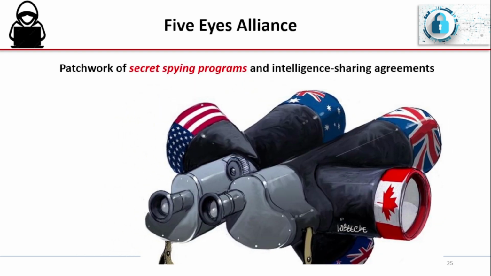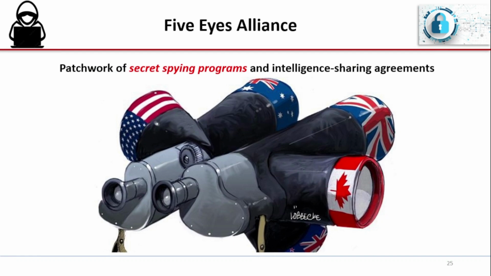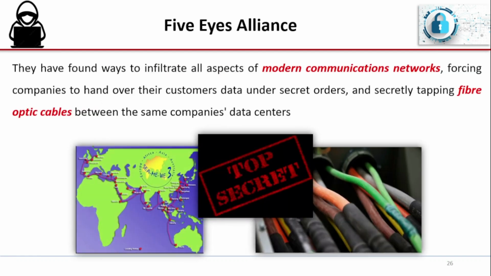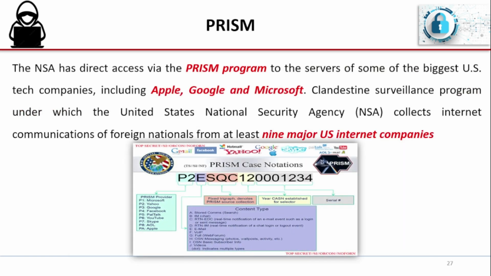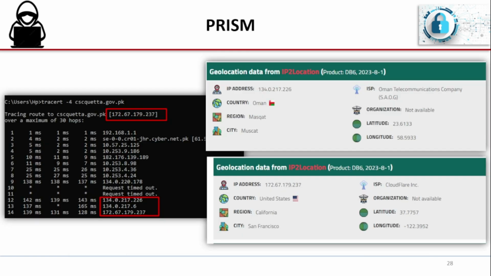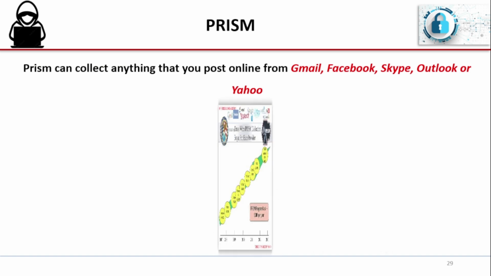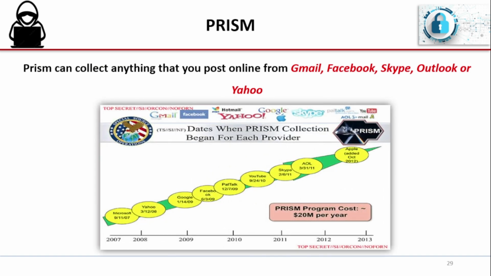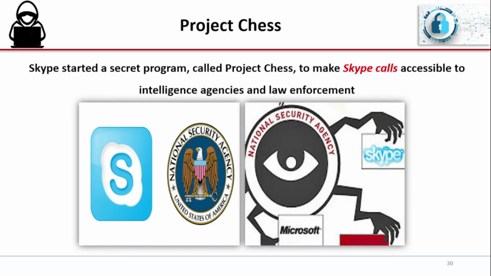These applications have complete control of our lives, and obviously they sell it to these organizations. Anyways, let's move ahead. So this Five Eyes alliance, which I've already told you about, has access to everything. This is the basic interface of PRISM. PRISM can collect anything that you post online from Gmail, Facebook, Skype, Outlook, and Yahoo, and give the data to the USA.